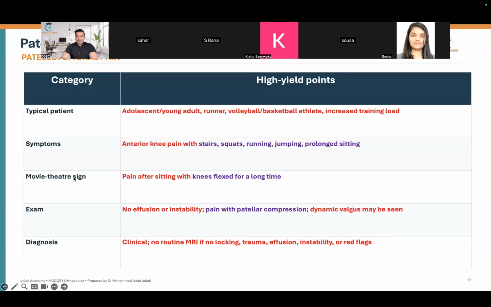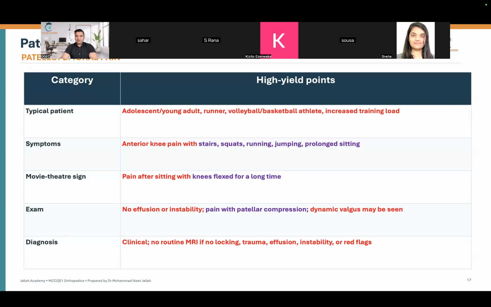Movie theater sign. The movie theater sign is another very characteristic finding for patellofemoral pain syndrome. Someone who is sitting has pain after sitting with the knee flexed for a long time.